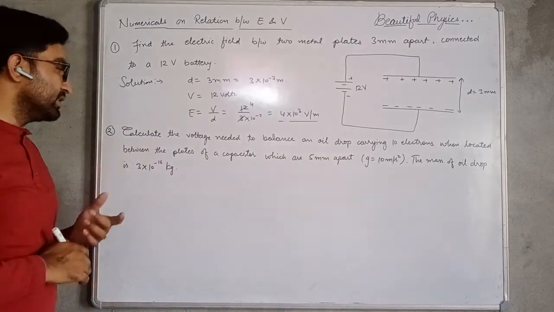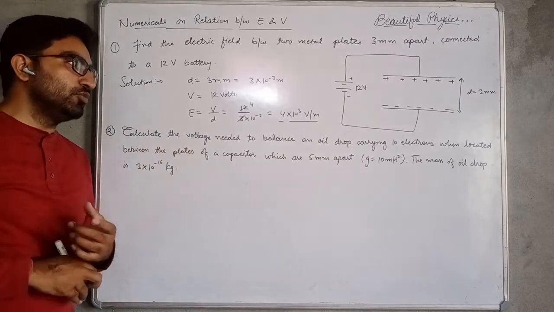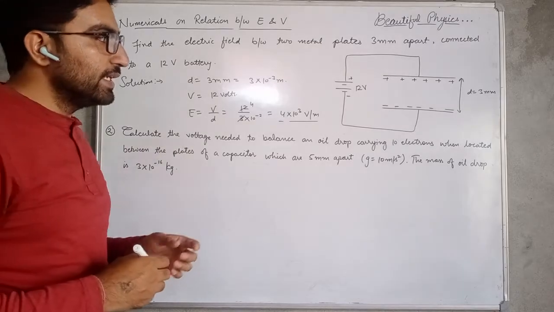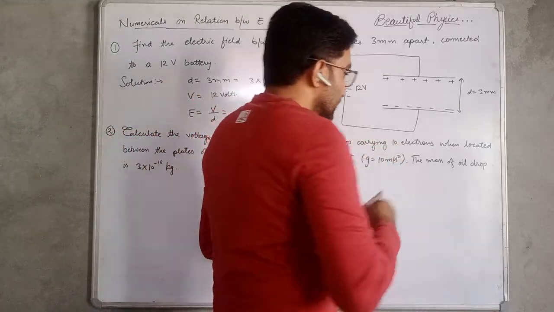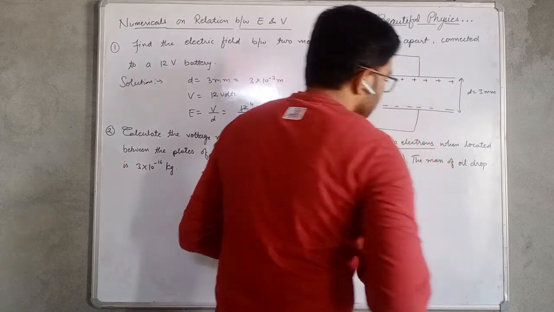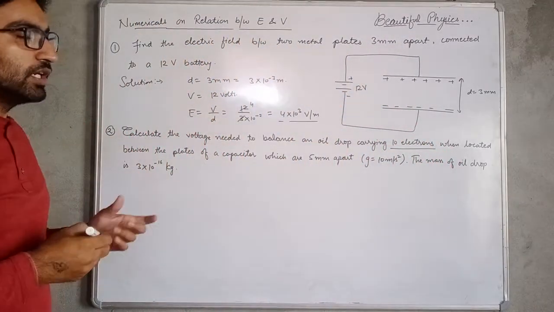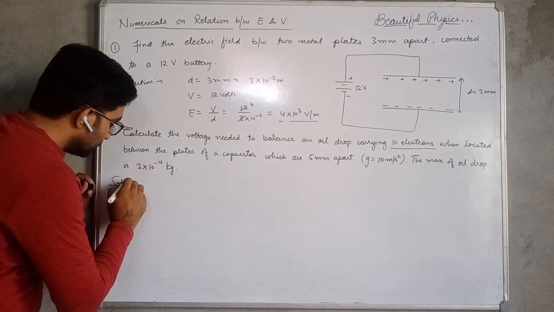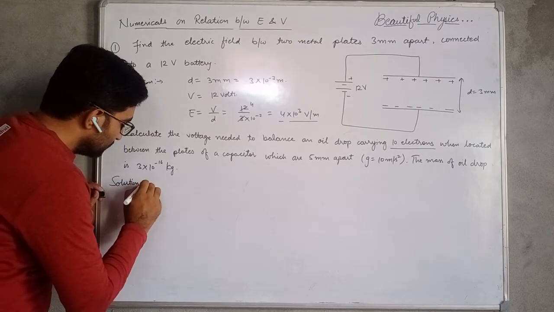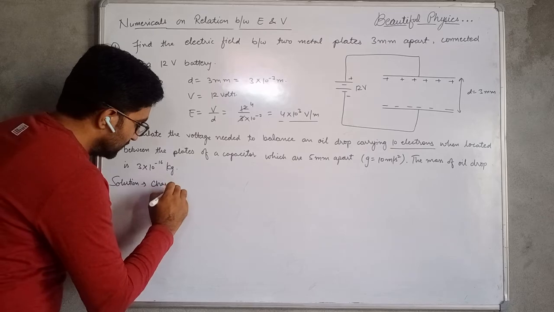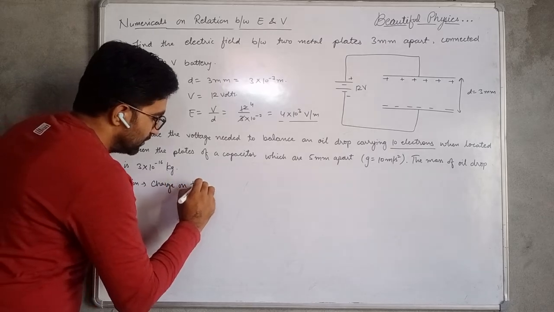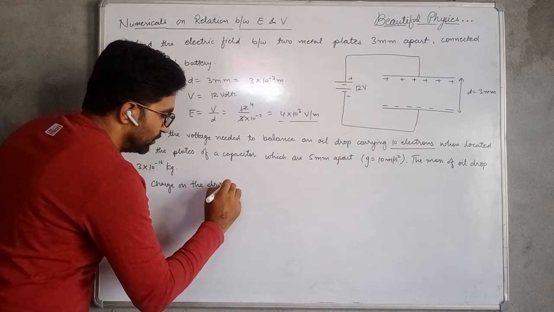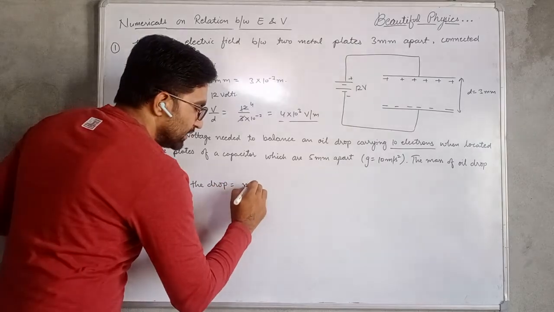Next one: calculate the voltage needed to balance an oil drop carrying 10 electrons. Firstly, we will find the total charge on the oil drop. Charge on the drop will be equal to Ne.